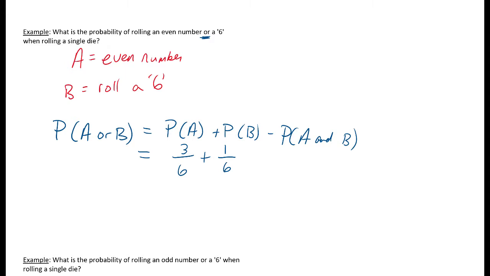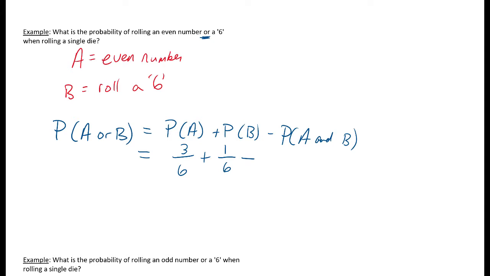All right, minus the probability of A and B. So that's the probability we roll, on a single roll, an even number and a 6. Well, first of all, we have to ask ourselves, is this even possible? If you want to go back to a previous video where we talked about mutually exclusive events, we're rolling an even number and rolling a 6. Those are not mutually exclusive events.